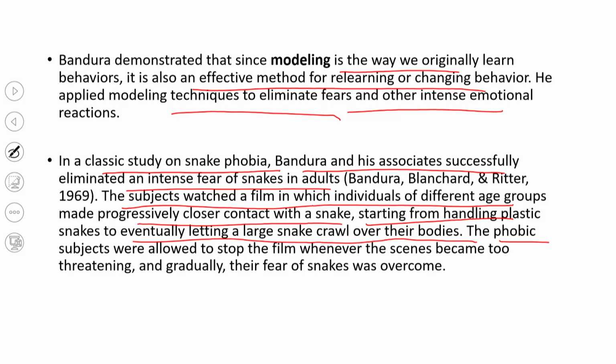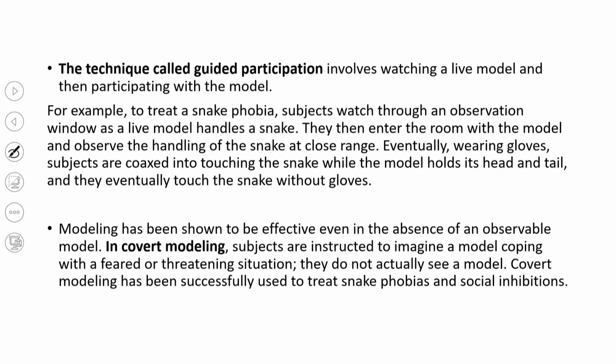These phobic subjects were allowed to stop the film whenever the scene became too threatening, and gradually their fear of snakes was overcome. Like slowly exposing them from milder to stronger content related to their fear, and they learned it by observing how other, healthy individuals are dealing with it. So, they can learn those behaviors also. If they learn something negative, they can learn something positive also. So, modeling uses those techniques to change certain negative patterns of behavior.